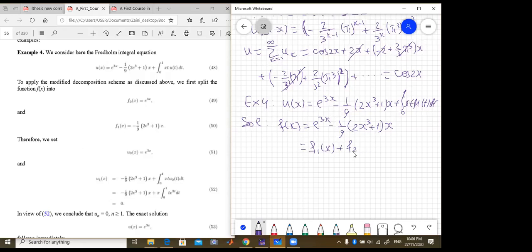But generally, this function I can divide into three. One, this. Second one, this. Third one, this. By opening this into two, we can actually divide the function into three, f1, f2, f3. But for the time being, we just choose to divide into two.